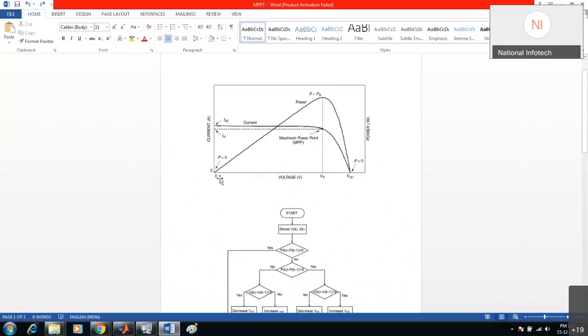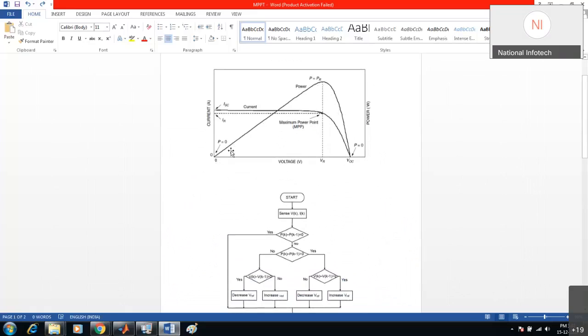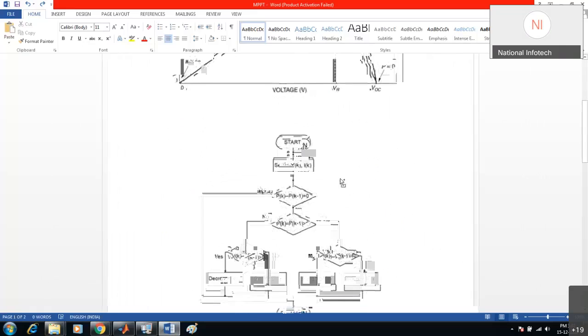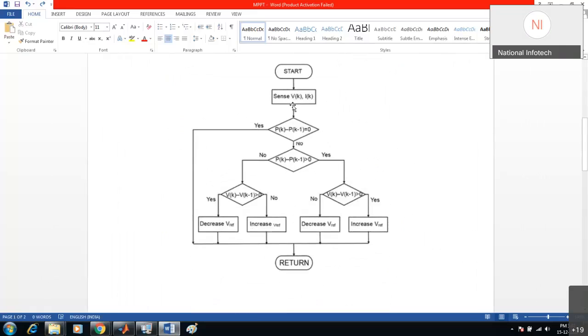Let's first understand this algorithm itself. We will sense the voltage and current of the PV, then calculate the power from it.